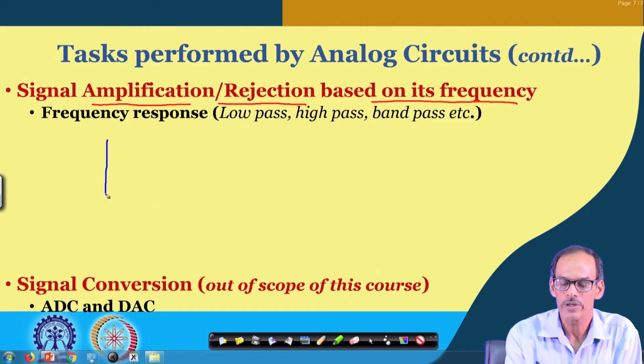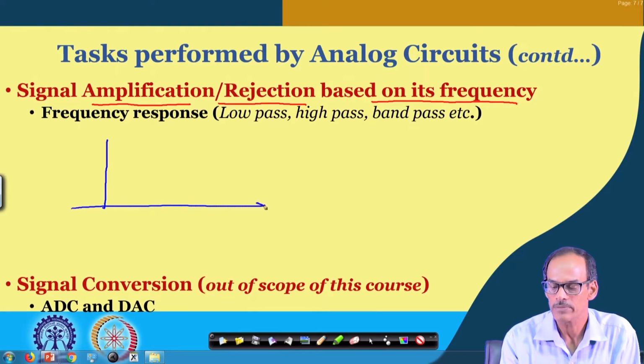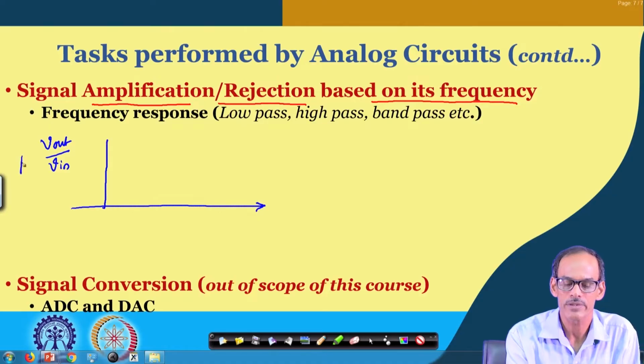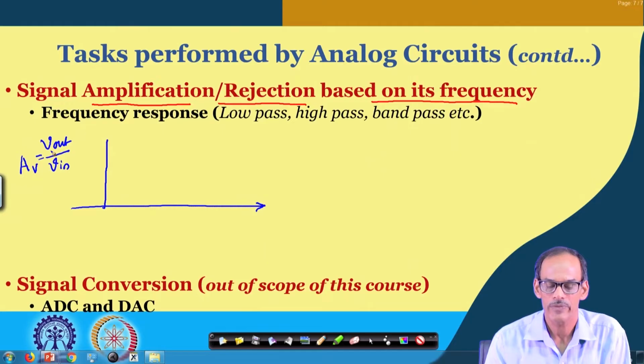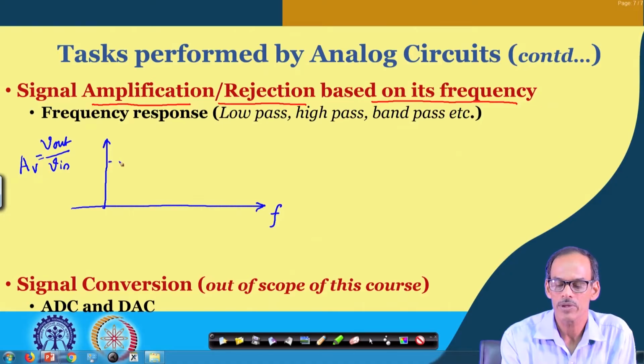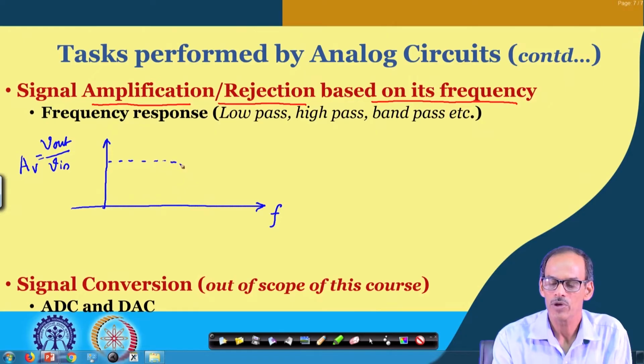If we sketch the circuit gain, namely V out by V in, whatever we have discussed, which is a voltage gain defined as V out by V in, and observe this gain as a function of frequency, it may be expected that the gain remains high in a certain frequency range, and then if you go beyond some point it may drop towards 0.